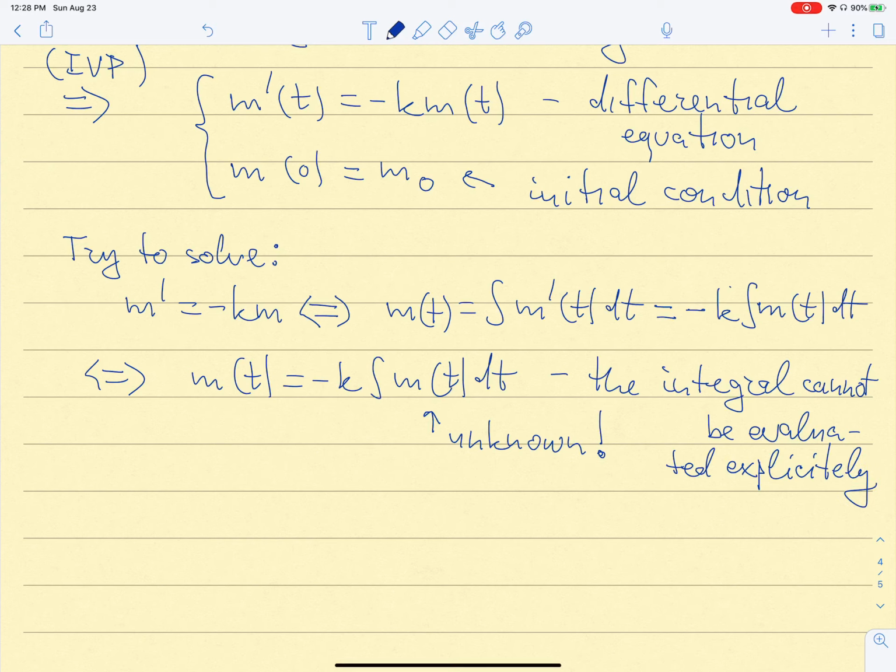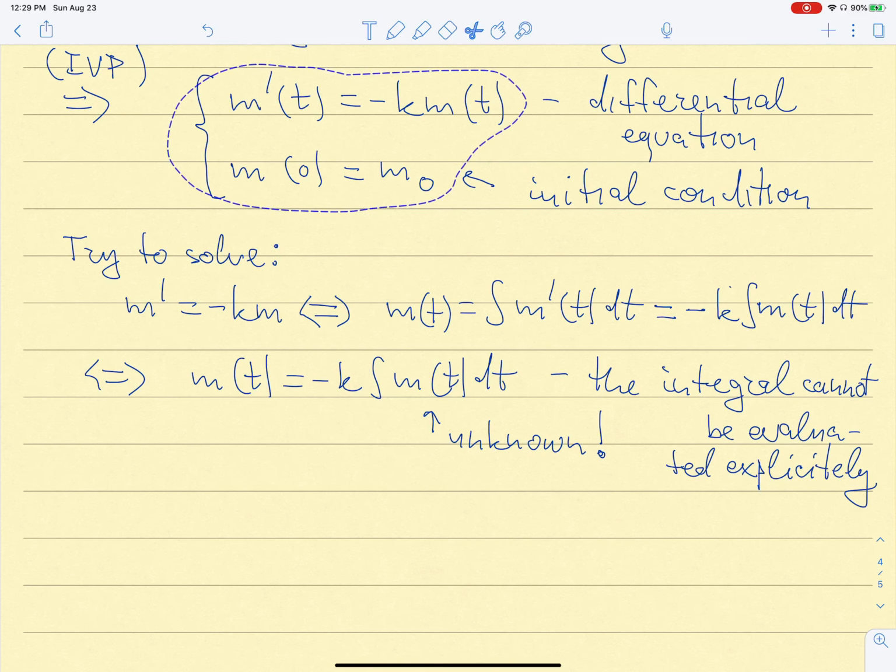Okay, so then we hit an obstacle, right? Clearly, we know that the physical problem has a solution. There are decaying radioactive samples. It's kind of obvious that this initial value problem describes that physical process, so we expect that it would have a solution.